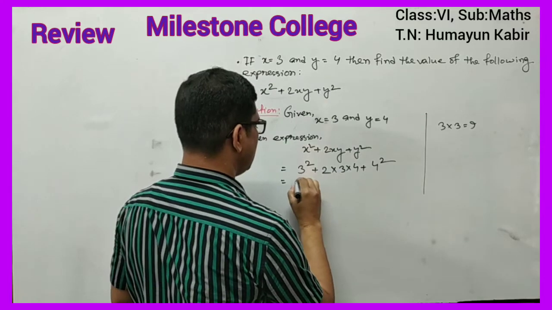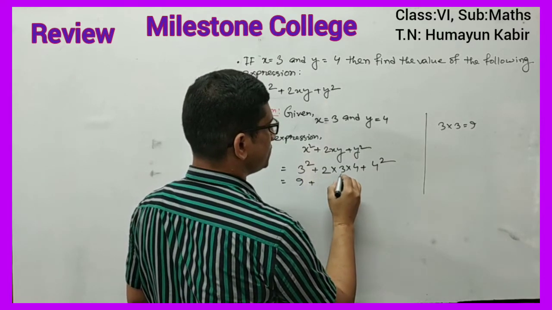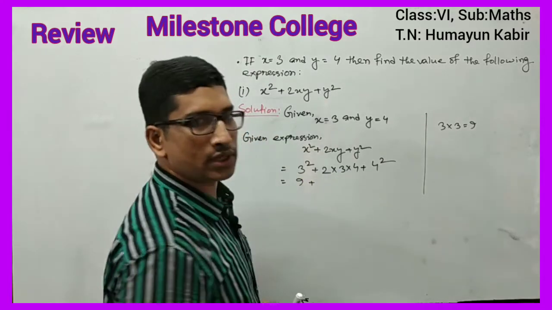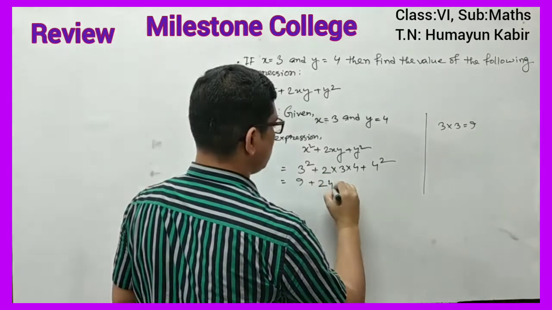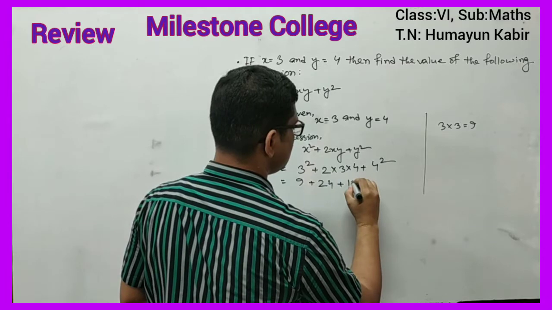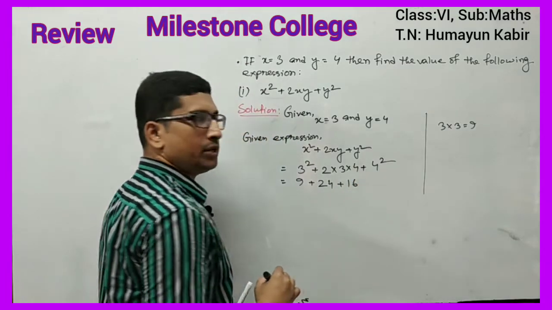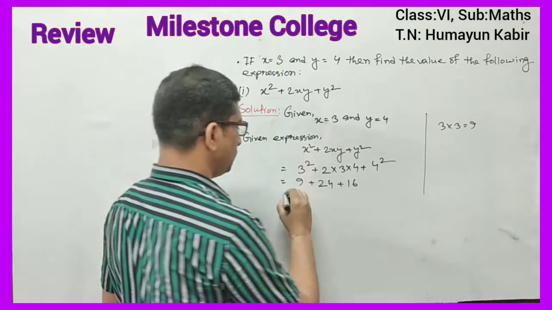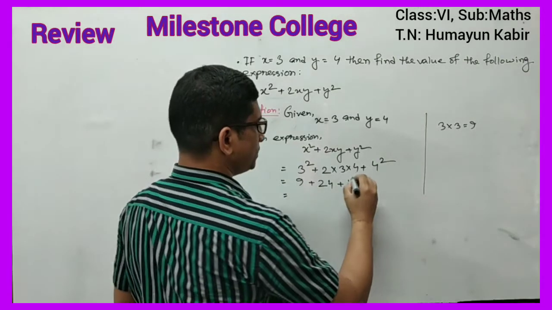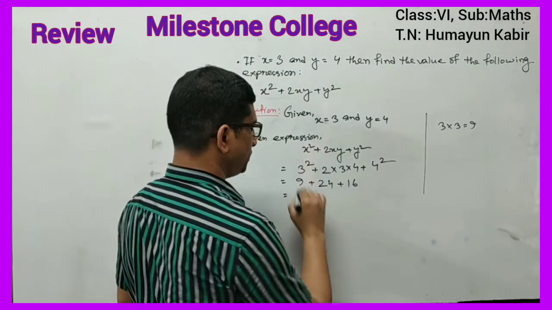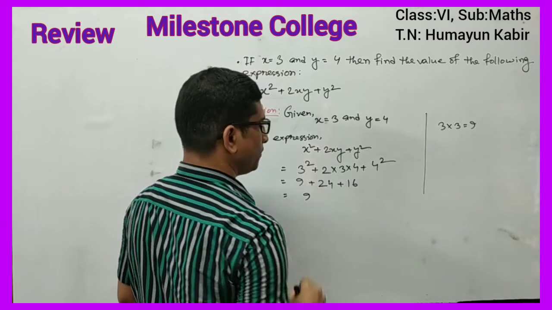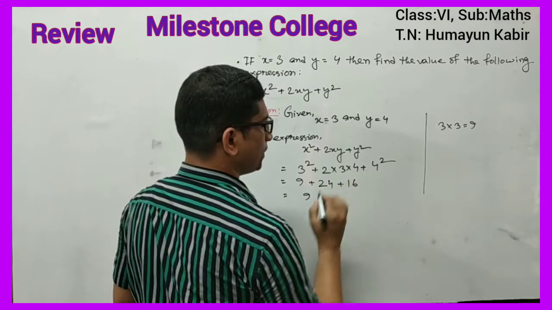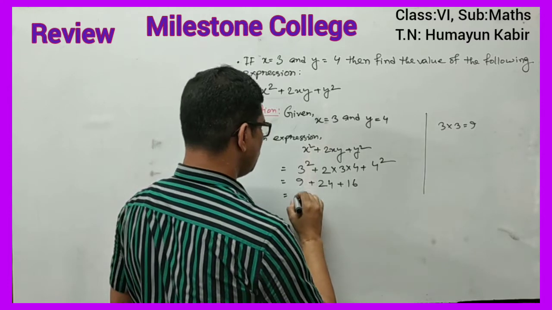So here 9 plus 2 threes are 6, 6 fours are 24 plus 4 fours are 16. 4 square means 4 multiply 4. Now if you add 6 plus 4, 10, 10 plus 9, 19. Carried number 1, 1 plus 1, 2, 2 plus 2, 4.